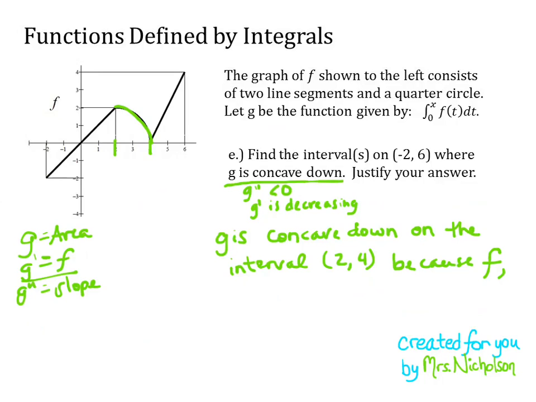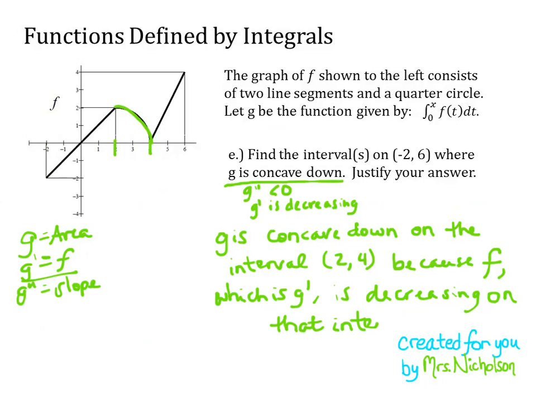Because f, but remember my annotation was about g prime. So I need to say which is g prime is decreasing on that interval. There we go. And that brings us to the end of this problem.